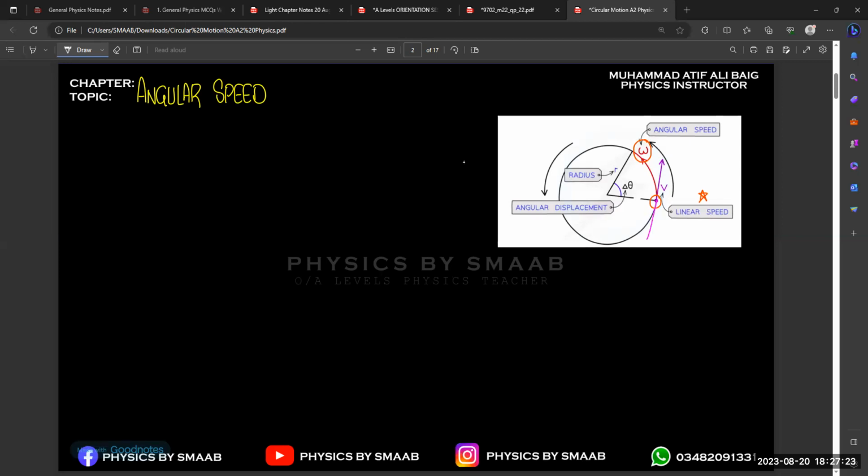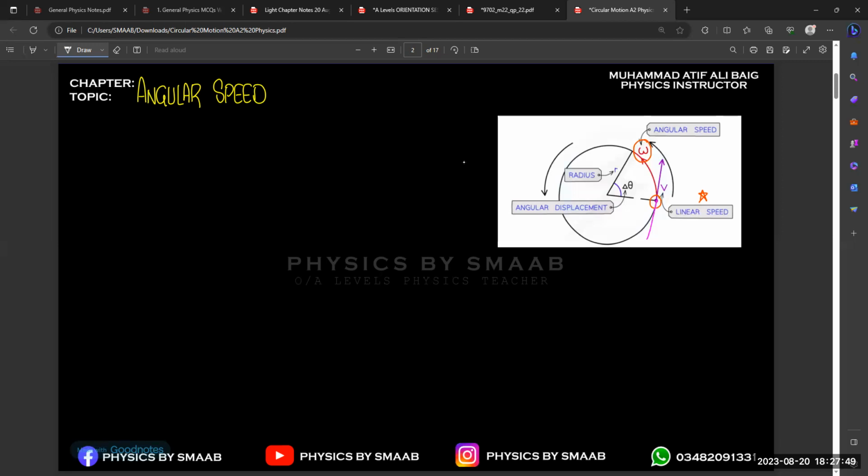So linear velocity is actually at each and every point on the circle, and you can identify that component with the help of this concept: if you release that thread from your hand, the body will move in a straight path, and that straight path is always tangent to the circle. You can identify that by making a tangent line on the circle.